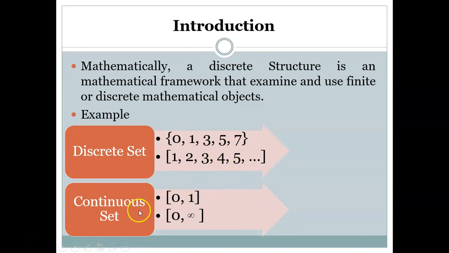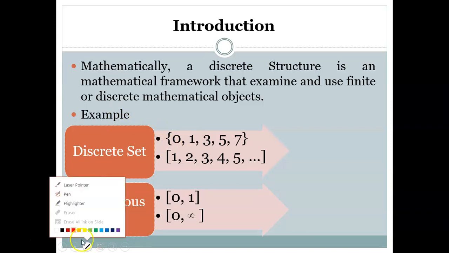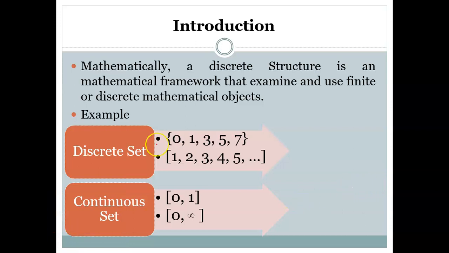Now we have the continuous sets. This closed interval 0 to 1. The endpoints are finite, and this is a continuous set. Why? Because it consists of all the real numbers which lie between 0 and 1, and 0 and 1 are also included over here.